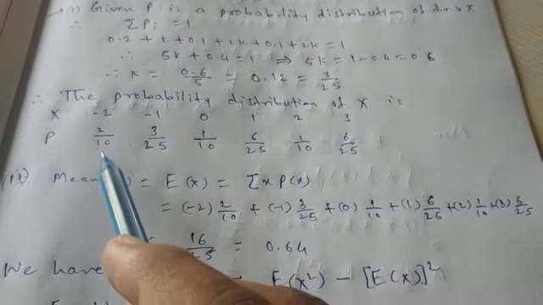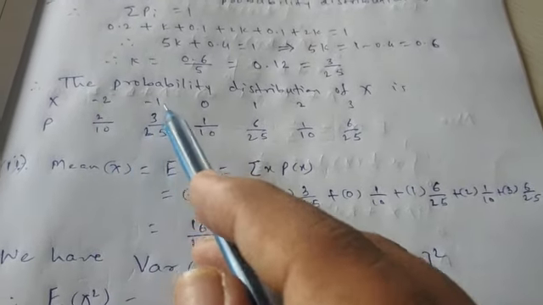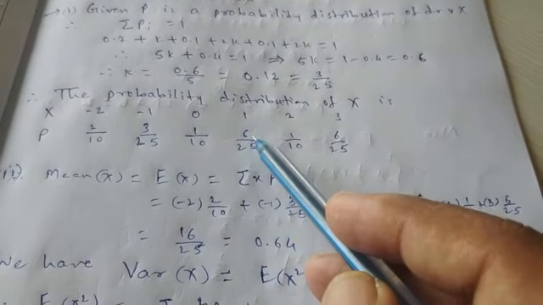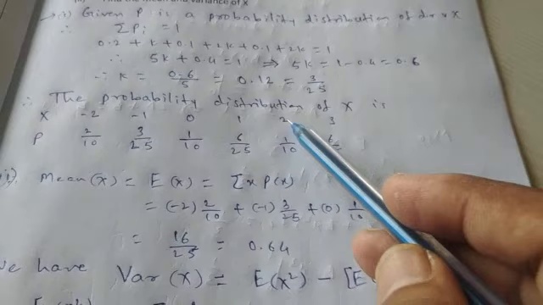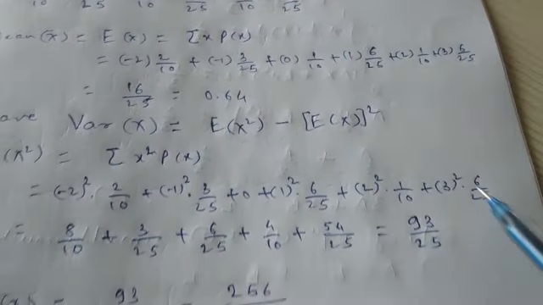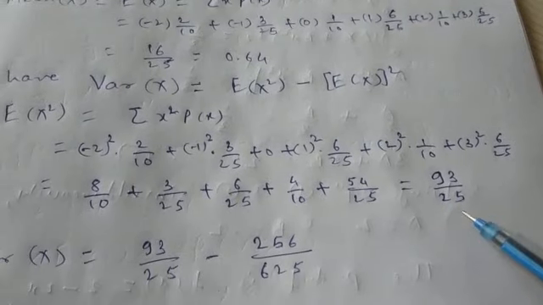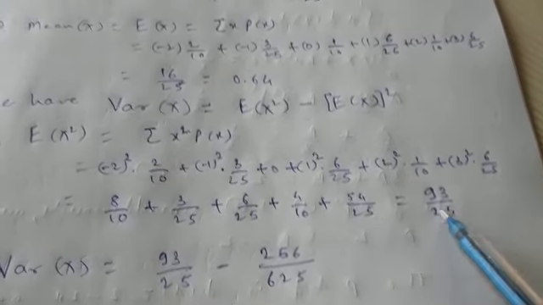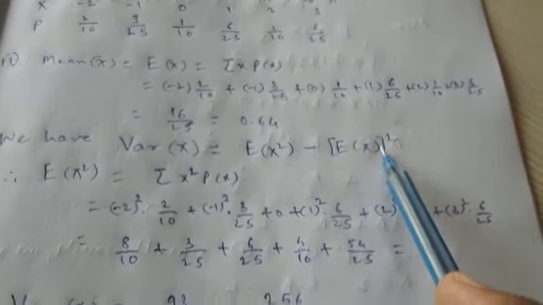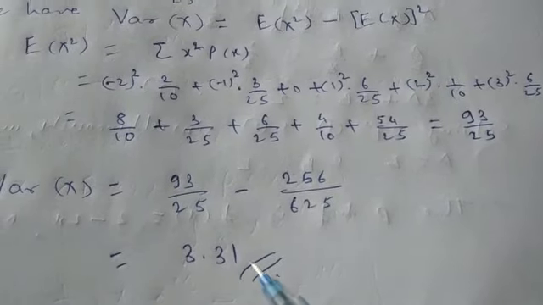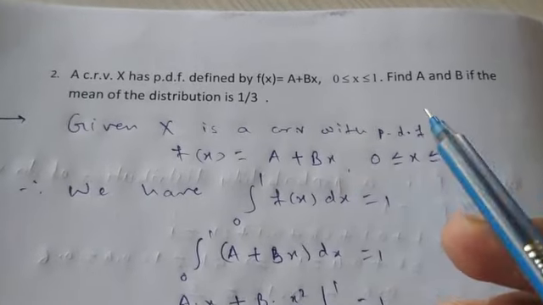That is minus 2 square into 2 by 10 plus minus 1 square into 3 by 25 plus 0 plus 1 square into 6 by 25 plus 2 square into 1 by 10 plus 3 square into 6 by 25, which is 93 by 25. Therefore variance of x is 93 by 25 minus E of x whole square, that is 16 by 25 whole square, and its value is 3.31.